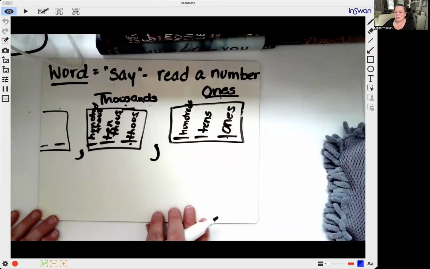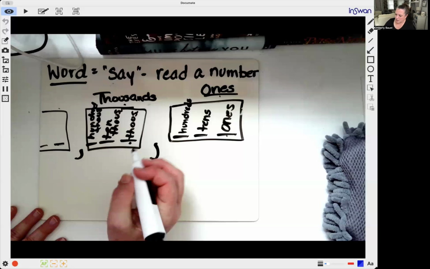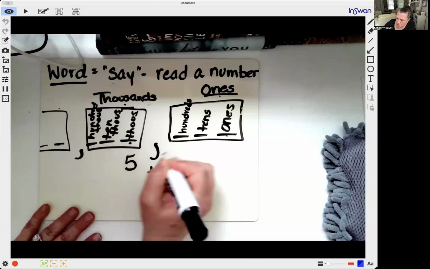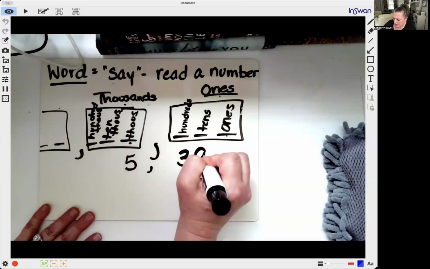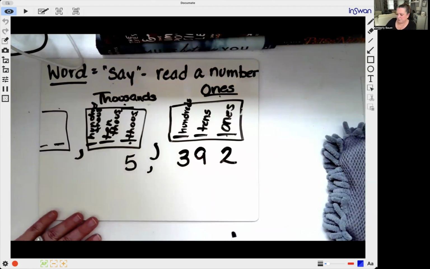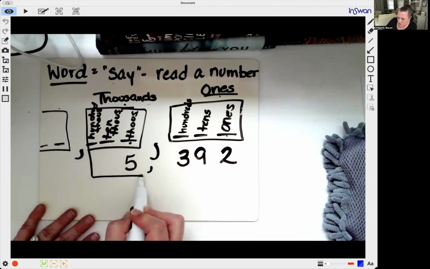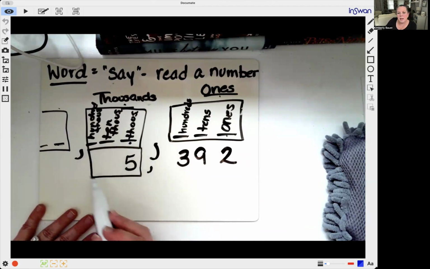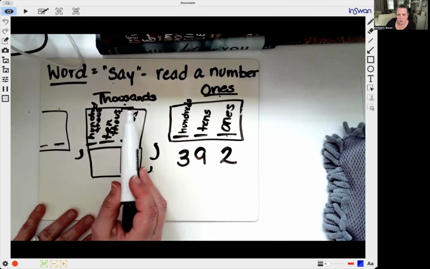Okay. So let's just start off with 5,392. So we look at this car. So if this is its own car, what number is in it? 5. What does the comma tell us to say? Thousands.